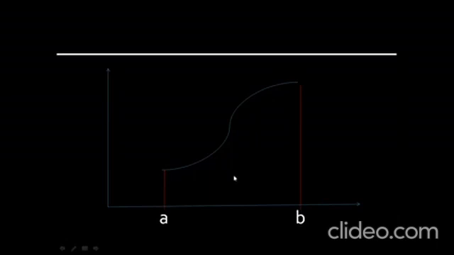Then we can conclude that if all the points are satisfied by the given function, the function is continuous on the closed interval [a, b]. So we have to look at all three points in the closed interval.